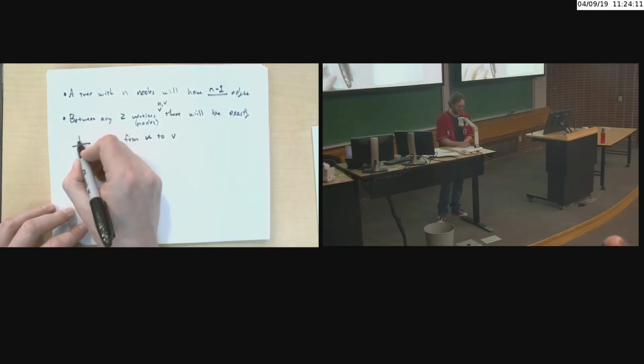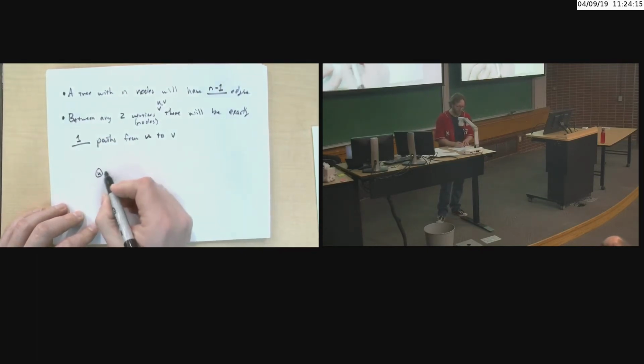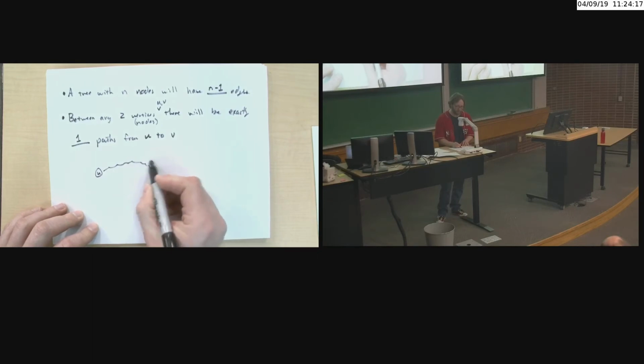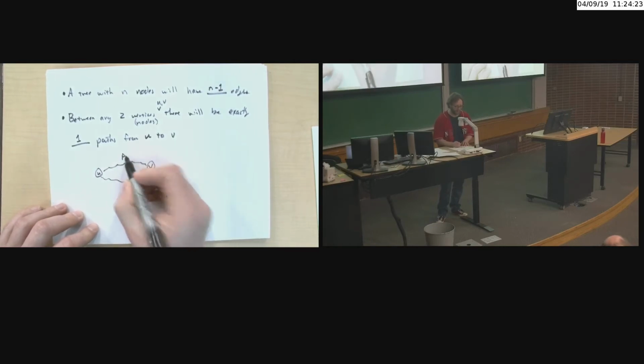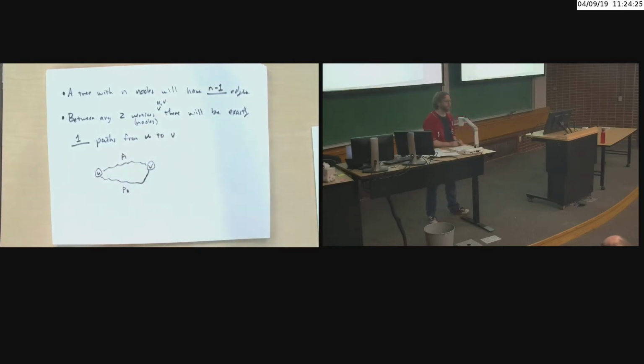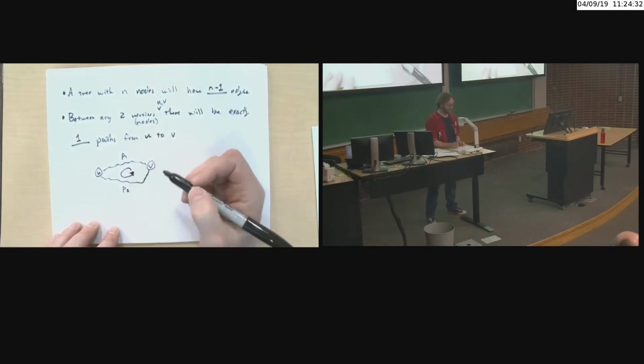1. And here is the high-level proof. Suppose that you can go from U to V by one path, and then suppose that you can go from U to V by another path. So this is path 1, this is path 2. Guess what that looks like? That is a cycle, right?